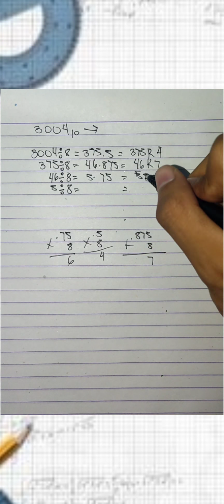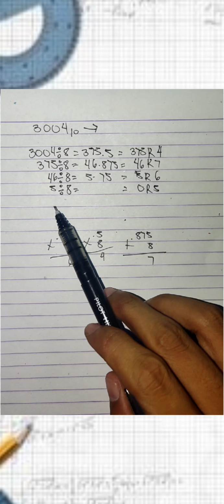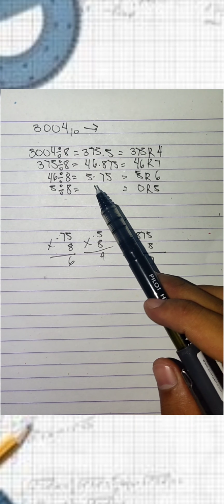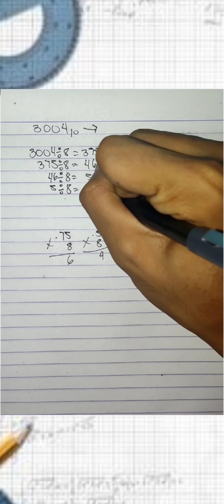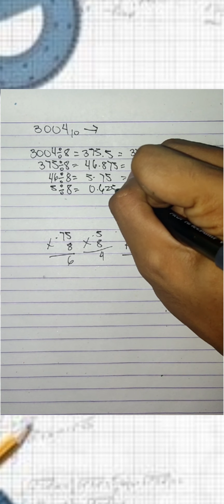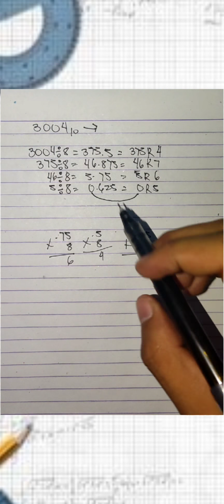So, katulad nga nilagay natin, ilalagay na lang natin is 0 remainder 5 para hindi na tayo mahirapan. Kasi alam naman natin na 5 i-divide natin siya sa 8, wala tayong makukuha. Kaya kung i-divide natin siya ulit is 0.625. Pag tinimes mo siya sa 8, ang kalalabasan niya is 5.